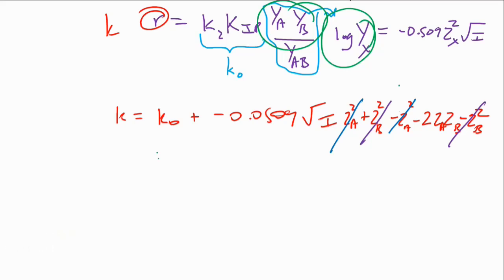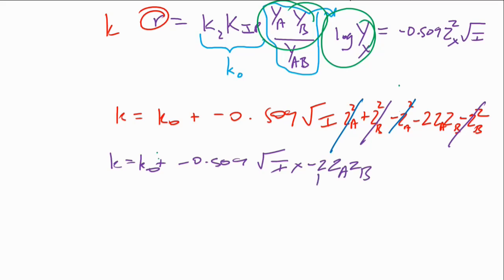So here we go. We end up with K is equal to K naught, plus minus 0.0592, not 592, but 509, sorry. Thinking about electrochemistry. Minus 0.509 root I, and all that you have left over there is just times minus 2 ZA ZB.